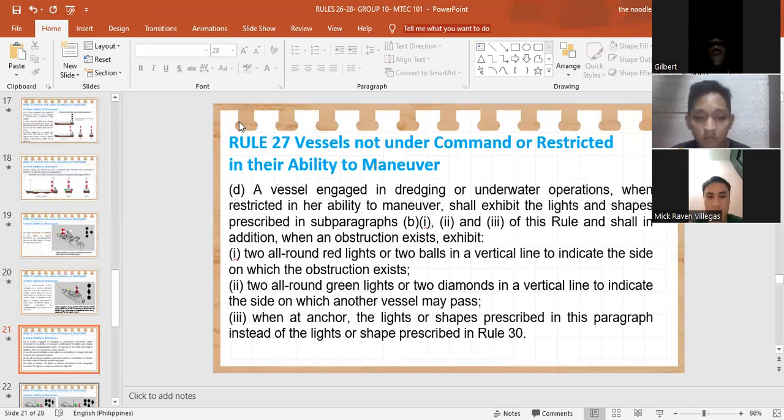Two all-round red lights, or two balls in a vertical line, to indicate the side on which the obstruction exists. 2. Two all-round green lights, or two diamonds in a vertical line, to indicate the side on which another vessel may pass. 3. When at anchor, the lights or shapes prescribed in this paragraph instead of the lights or shapes prescribed in Rule 30.